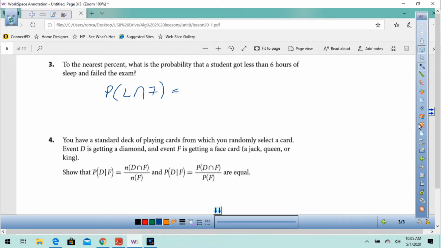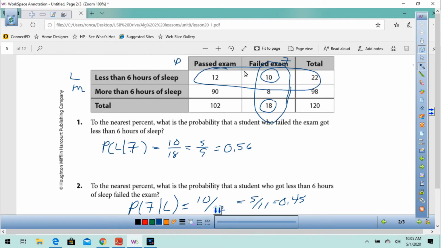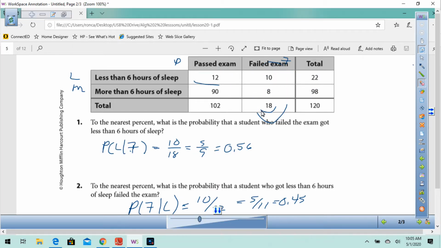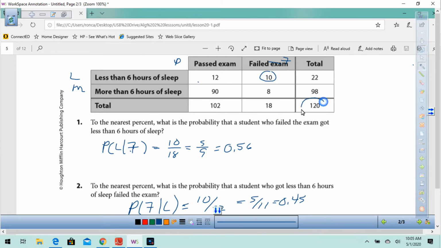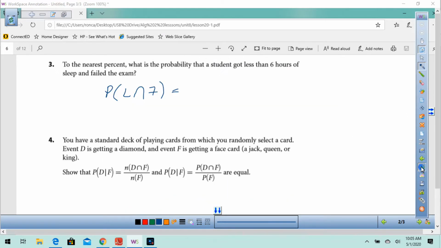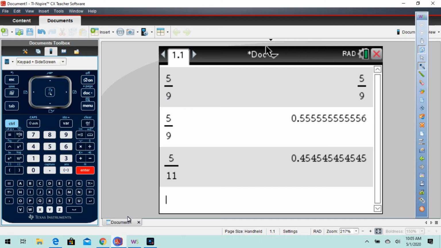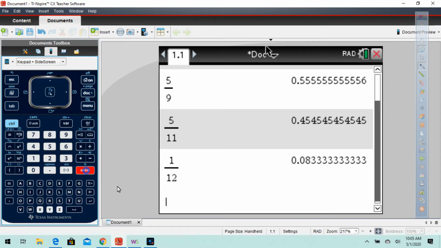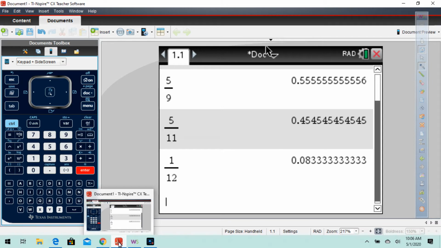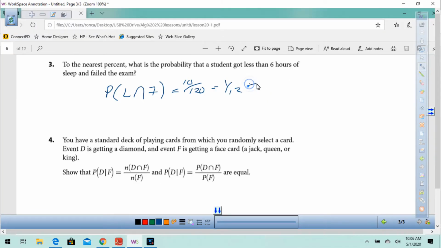If we go back to our table, less than 6 hours and failed, that's going to be 10 out of 120 students. 10 over 120, that's 1 over 12, which is 0.083. So I'm going to just say 0.08. That doesn't round up.